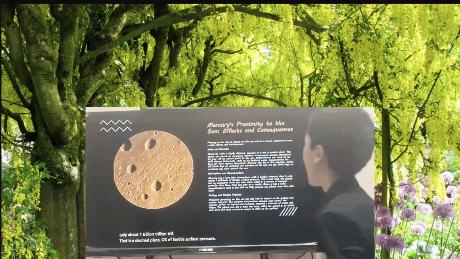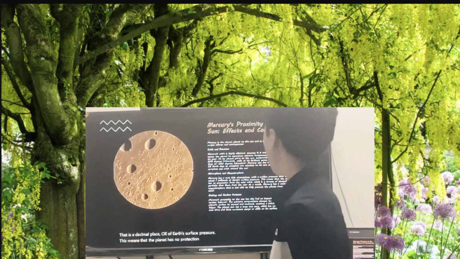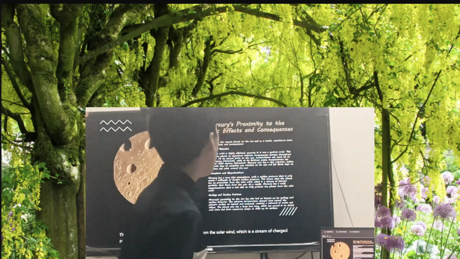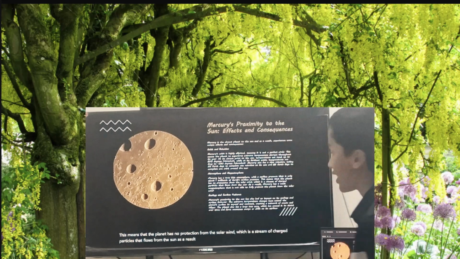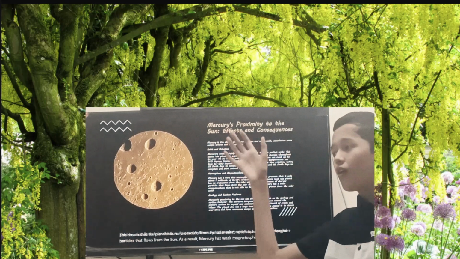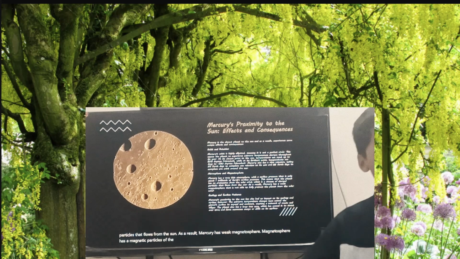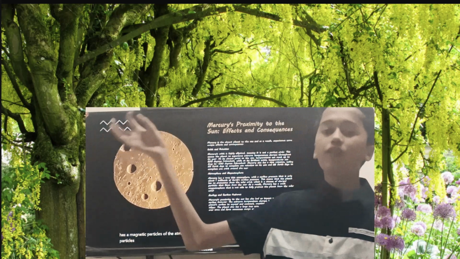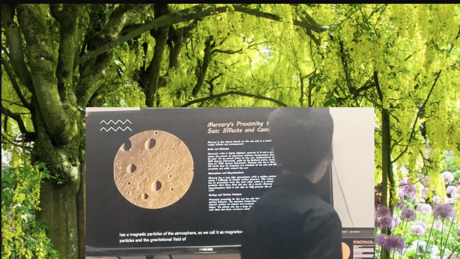This means that the planet has no protection from the solar wind, which is a stream of charged particles that flows from the Sun. As a result, Mercury has a weak magnetosphere. Magnetosphere is the magnetic particles of the atmosphere, so we call it the magnetosphere. The magnetic particles and the gravitational field of the atmosphere are not able to fully protect the planet from the solar wind.